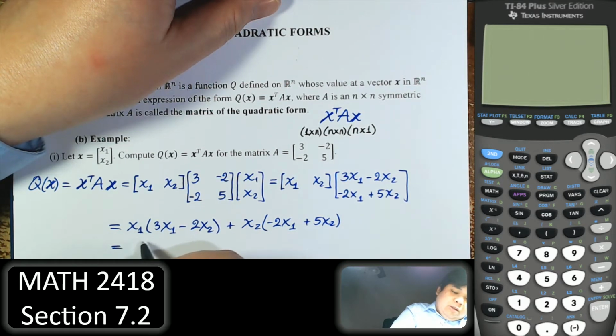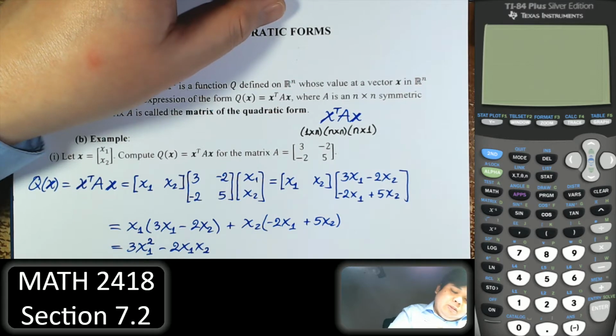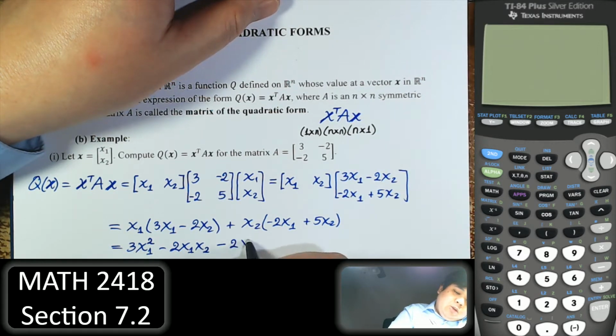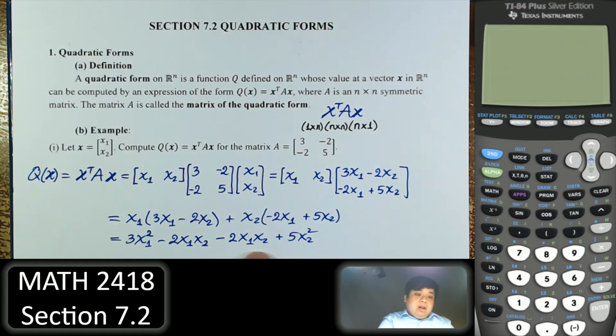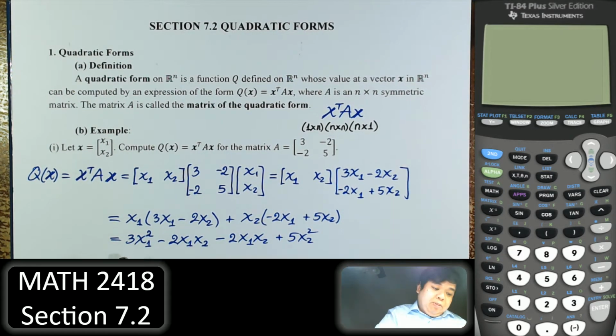So multiply out: 3x1 squared, minus 2x1x2, minus 2x1x2, plus 5x2 squared. Before we combine like terms, notice the coefficients 3, -2, -2, and 5. Now we just combine the like terms.